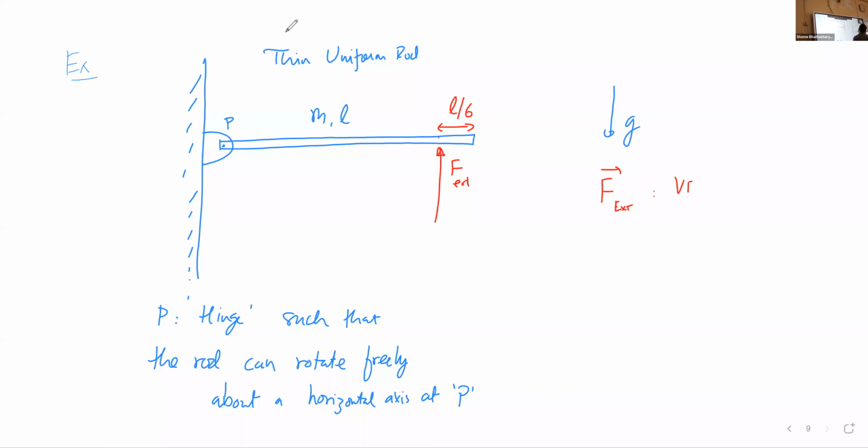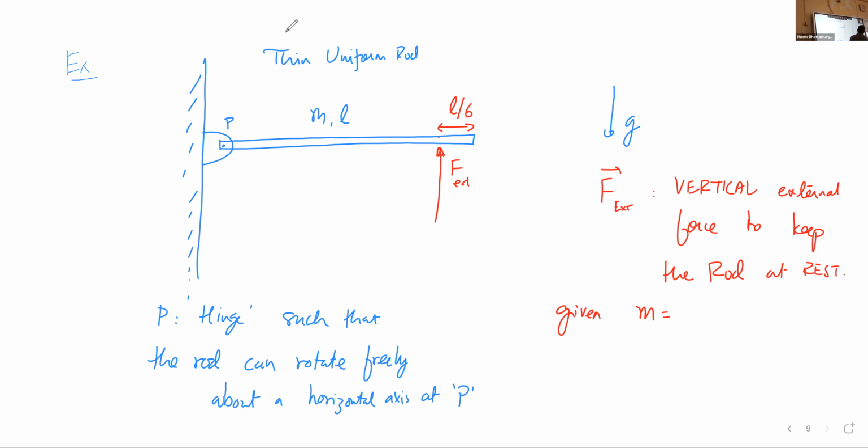It's a vertical external force to keep the rod at rest.